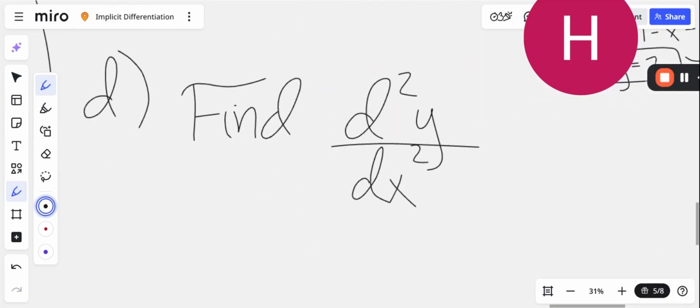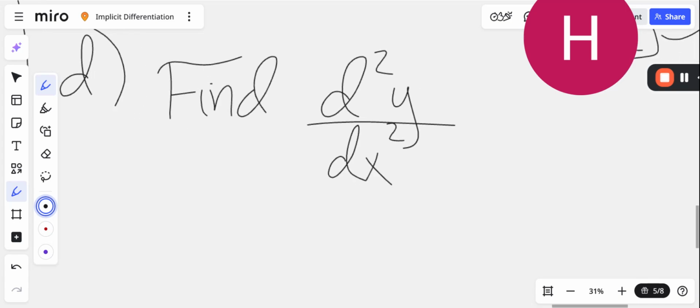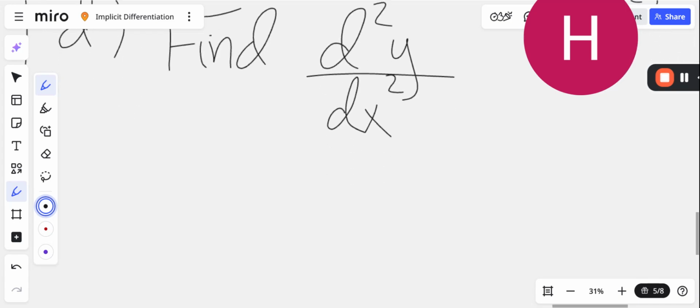Okay, we're going to finish things off with finding the second derivative. So part D wants us to find d squared y dx squared. Well, let's start off with what dy dx is. Dy dx is negative 1 over 1 minus x minus y.